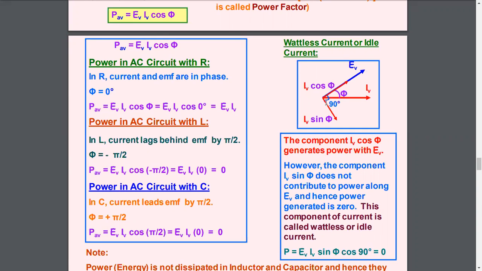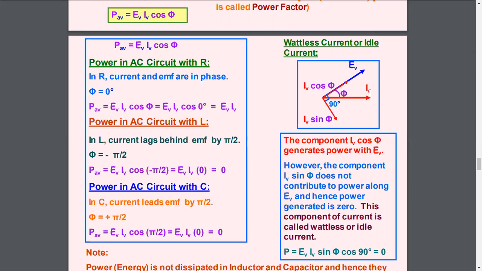Now let us check out the voltage across the inductor and capacitor. We know that across an inductor, current lags behind the voltage by a phase difference, and across the capacitor, you see here, this is the current.